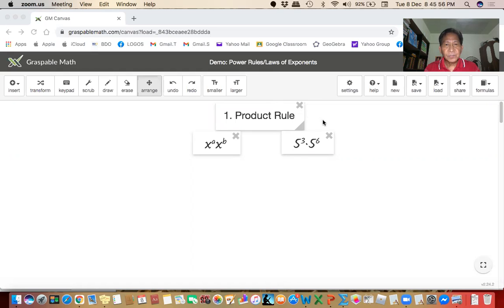All right, let's start with the product rule. By the way, I'm using Graspable Math, so just watch the gestures. Product means when you're multiplying the same bases. Observe what happens to the exponents.